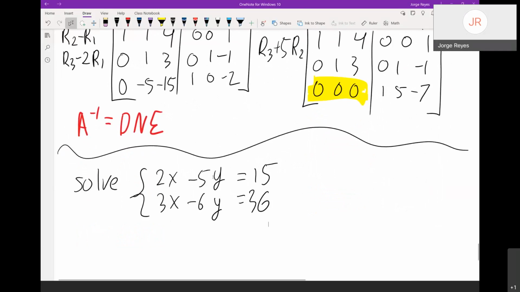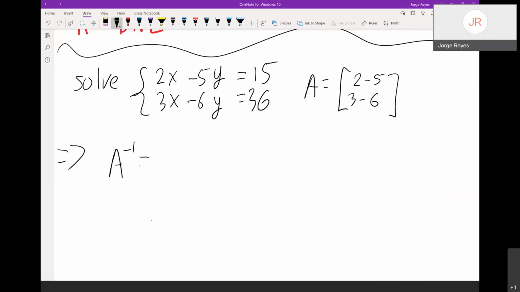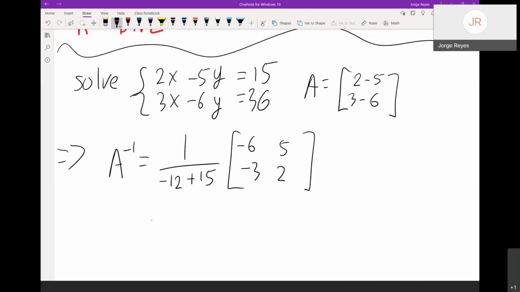Well, what you would do is you would first find the inverse and then you would do the multiplication. So A would be 2, negative 5, 3, negative 6. So then we find A inverse, which we know is going to be negative 12 plus 15, and then negative 6, 2, 5, negative 3.